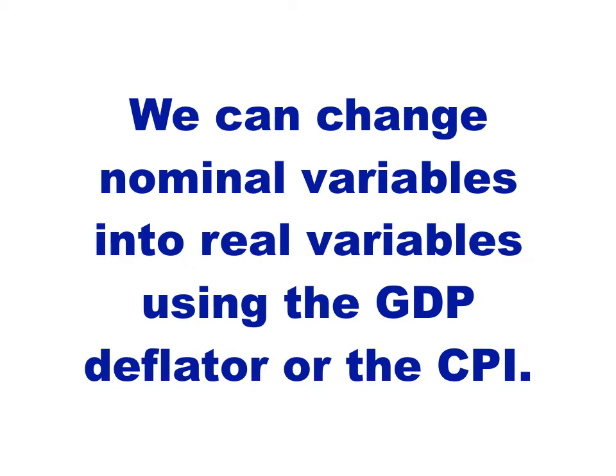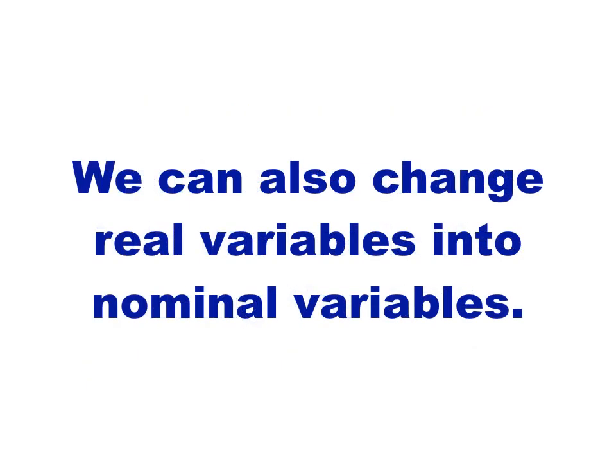And we'll find that this is the same thing with our CPI. So our CPI is essentially the same thing, except we're using a different basket. Right, so we'll get to that in the next lecture. But again, the concept will be the same. Right, so convert nominal to real or real to nominal.